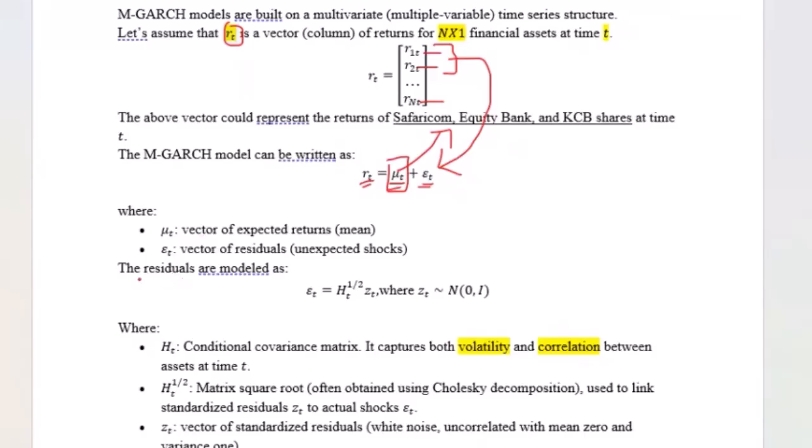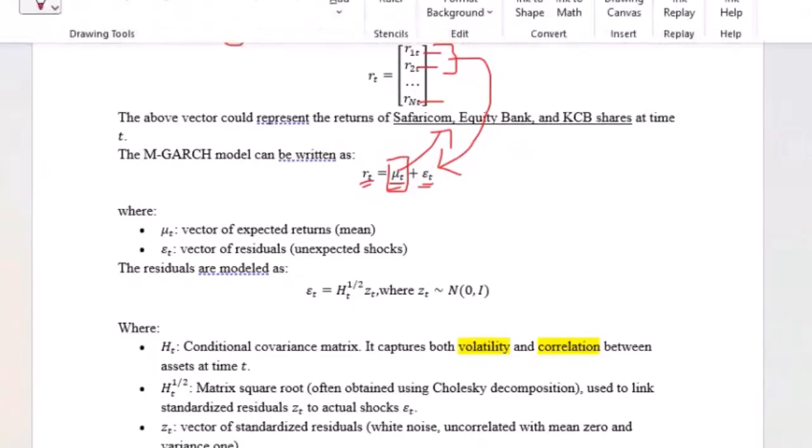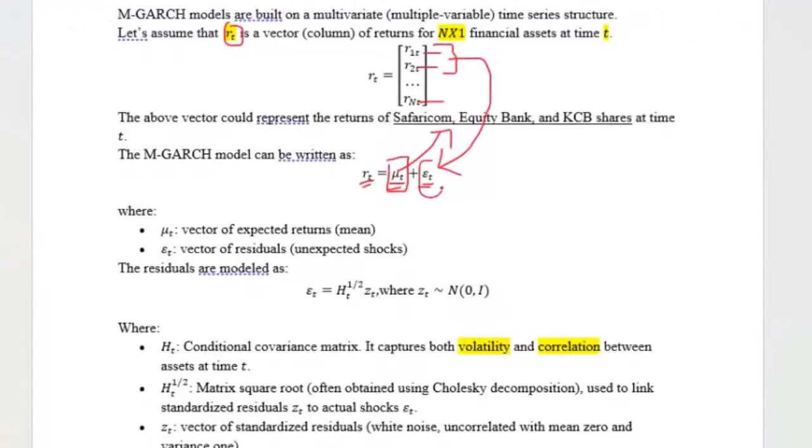So these residuals are modeled as follows. This error term, epsilon_t, is defined as follows: it comprises of this, where Z_t are normally distributed with a mean of 0 and a standard deviation of 1.